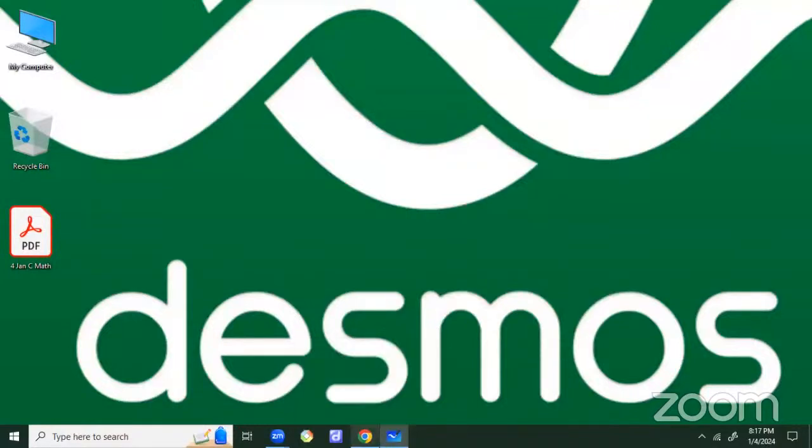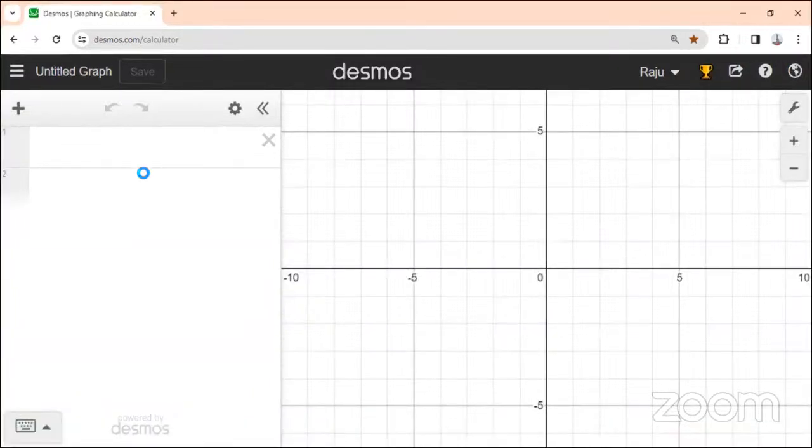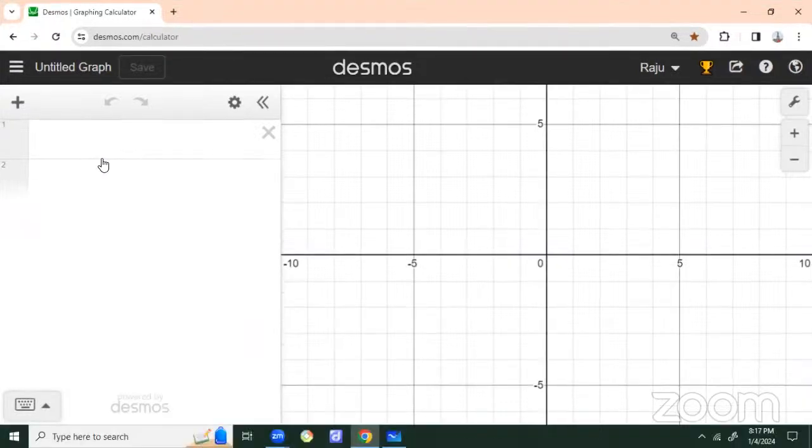Now let us quickly revise whatever we did. If you have to draw the graph of, say, x is greater or equals to 0, then yesterday, or day before yesterday actually, where was the solution region of x is greater or equals to 0?